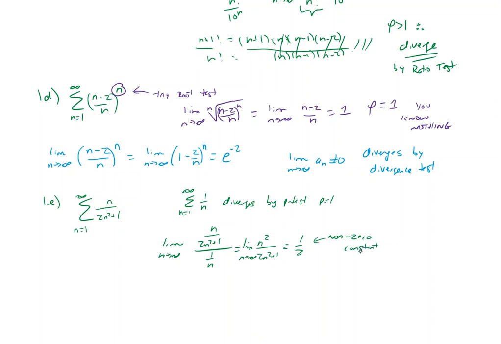And if it's a non-zero constant, that means the series of the numerator and the series of the denominator converge or diverge together. The denominator diverges, as we said, so therefore, by the limit comparison test, the series diverges.